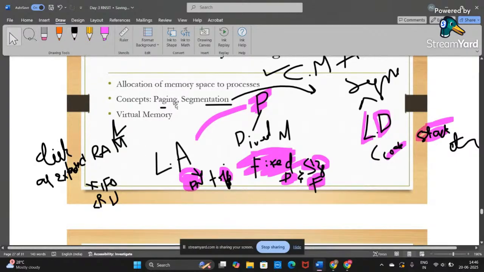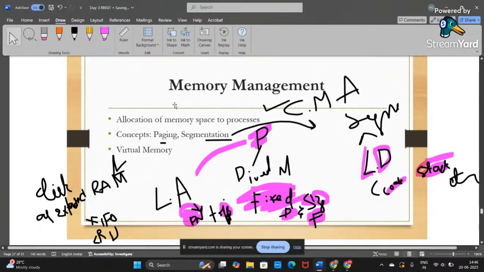This is all about memory management. Allocation of memory space to a process is called memory management. In this, we saw paging and segmentation. Paging divides the memory into fixed-size pages and frames, with a logical address of page number plus offset.